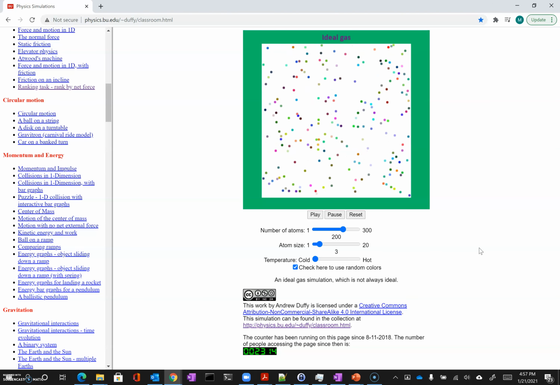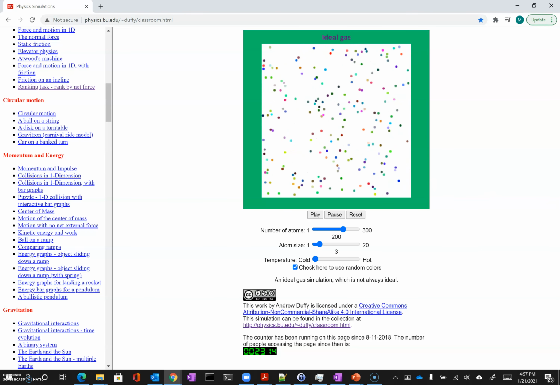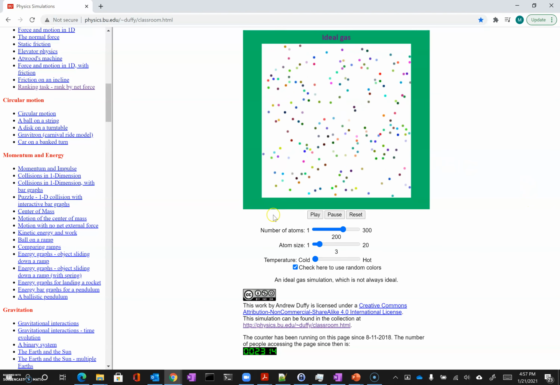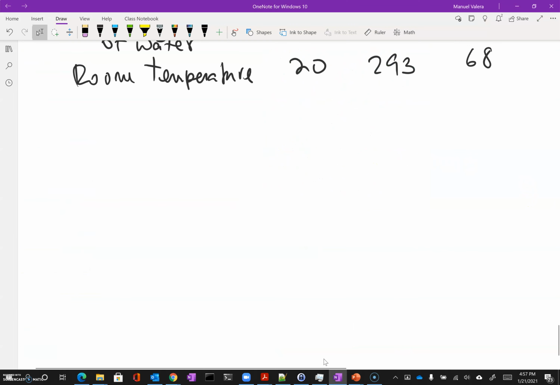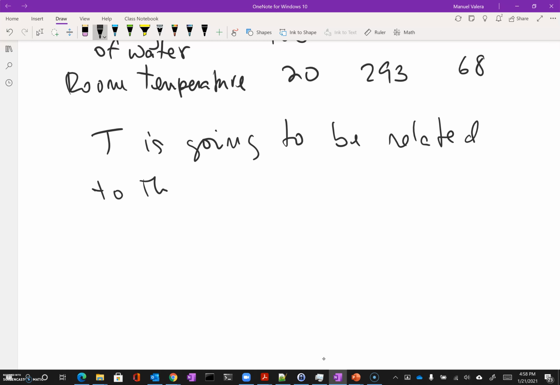So from this, you can start guessing that temperature is going to be related to the speed of particles.